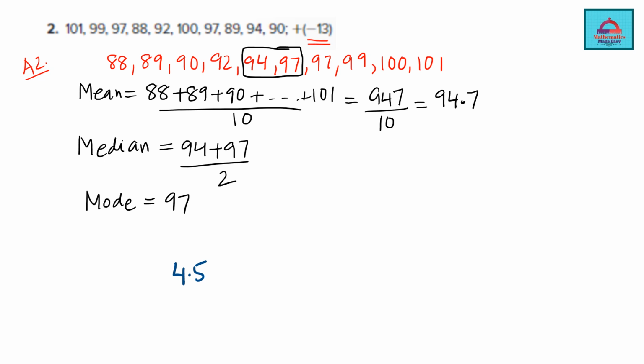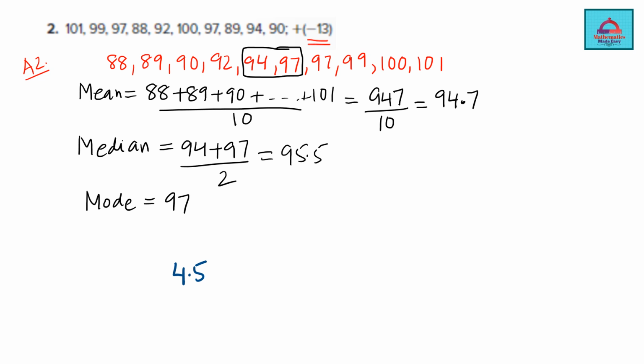Now do the simplification. On simplifying, 94 plus 97 is going to give you 191 divided by 2. That is going to give you 95.5. So this is your mean, median, mode.